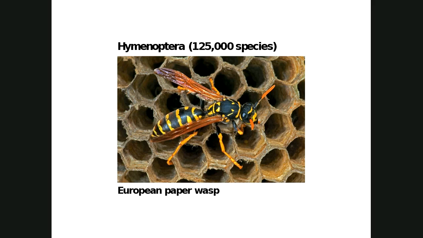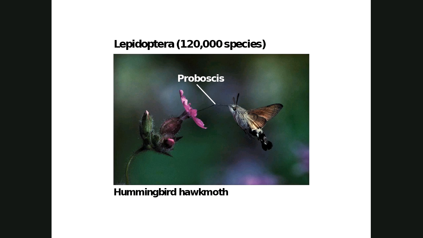Of course, paper wasps. There's European paper wasps. Paper wasps are those ones that make those nests that basically are cellulose fibers that they chewed up and turned into these very nice, regularly shaped nests. About 125 thousand species of them, about 120,000 species of the moths, butterflies, or this really cool thing called a hummingbird hawk moth.